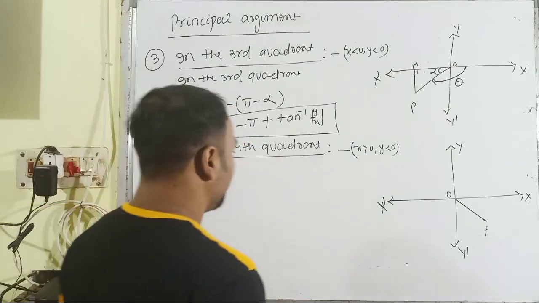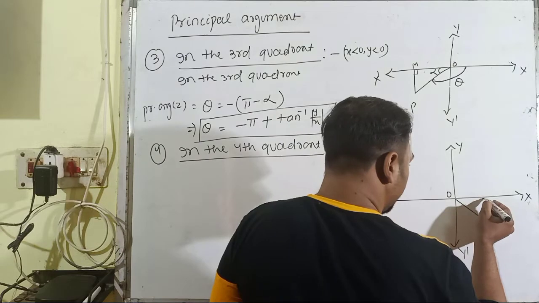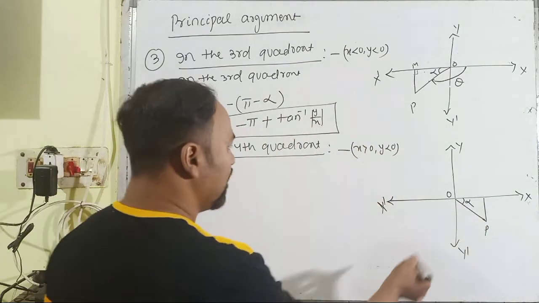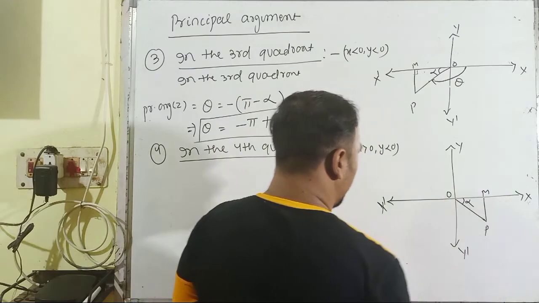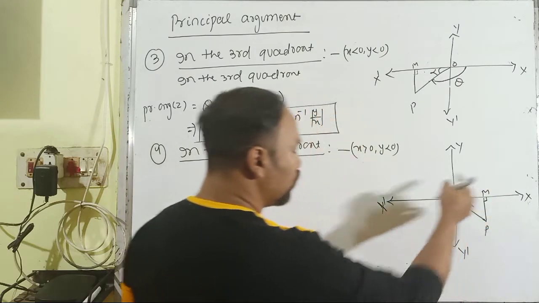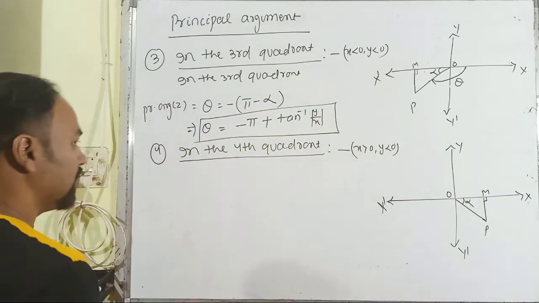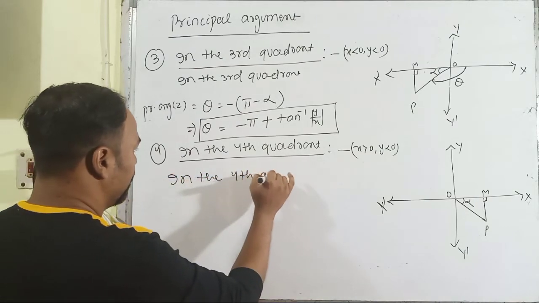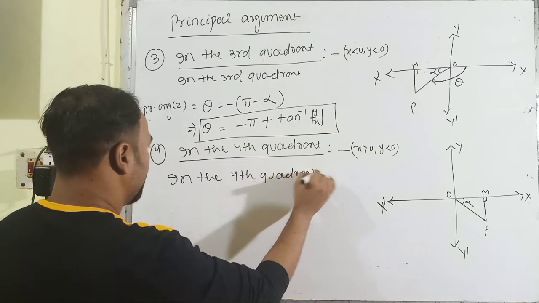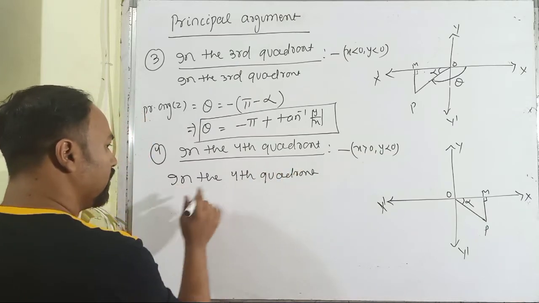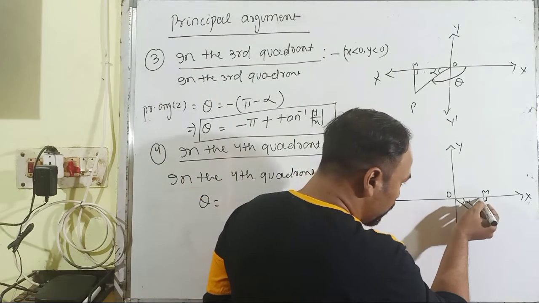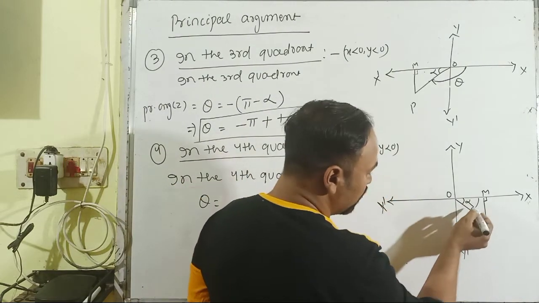Okay, let us start with the fourth quadrant. First of all, we have to measure the alpha here by constructing a perpendicular from the point P to the x-axis. Then in the fourth quadrant, theta is equal to, as you know, this is also theta, this is also theta.